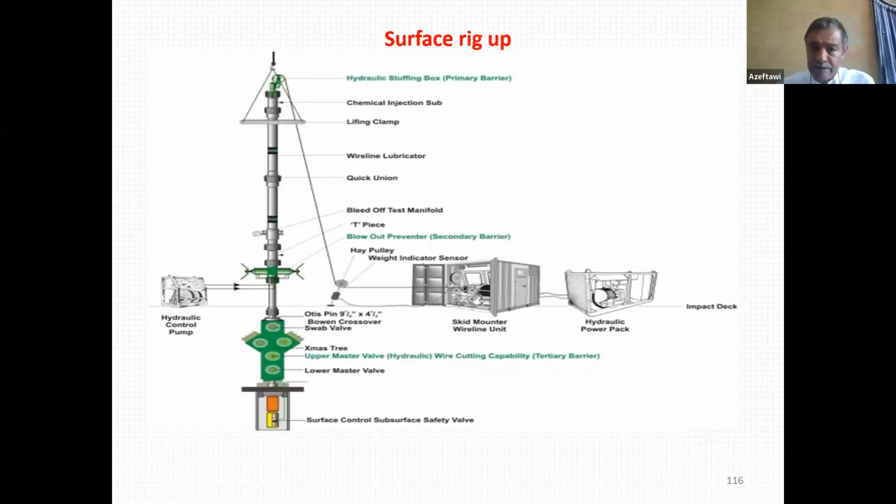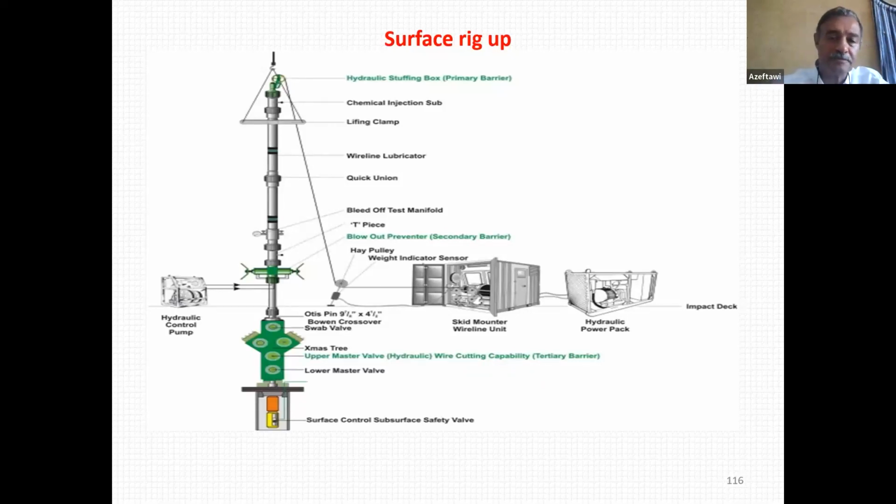Where is my secondary barrier? If my primary barrier failed, which is the stuffing box, my secondary barrier is the BOP, the blowout preventer. Where is my tertiary barrier? If my secondary barrier, which is the BOP, failed, it means you closed it, again on the slick line, but this BOP doesn't prevent the flow of hydrocarbon.